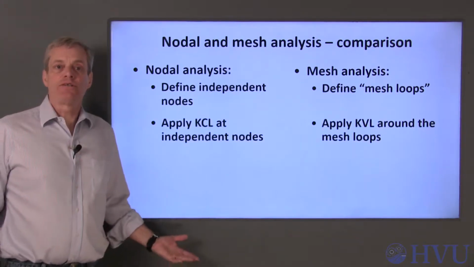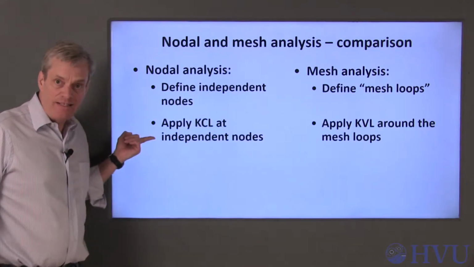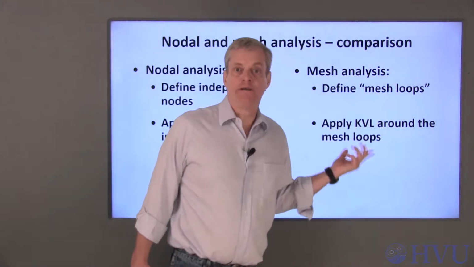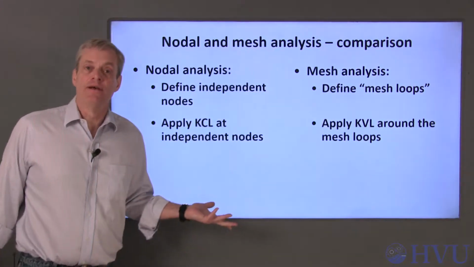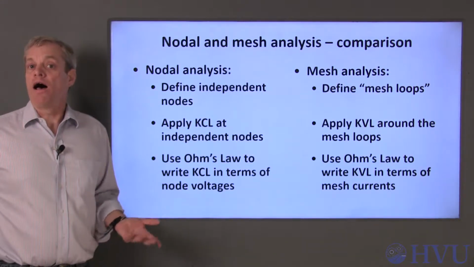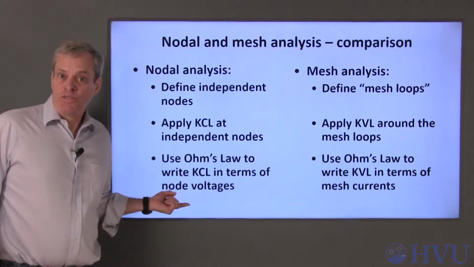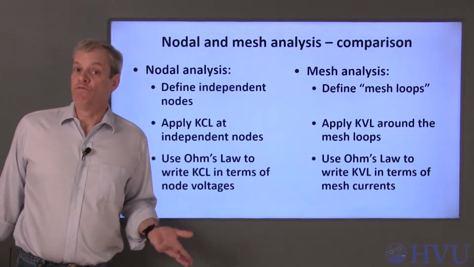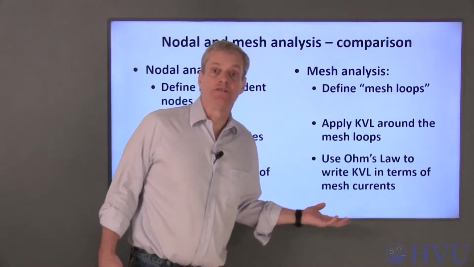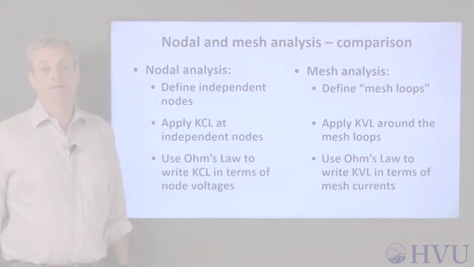In nodal analysis, Kirchhoff's current law is applied at the independent nodes, while in mesh analysis, Kirchhoff's voltage law is applied around the mesh loops. Finally, nodal and mesh analysis both employ Ohm's law, but nodal analysis uses it to write currents in terms of node voltages, while mesh analysis uses Ohm's law to write the voltages in terms of the mesh currents.